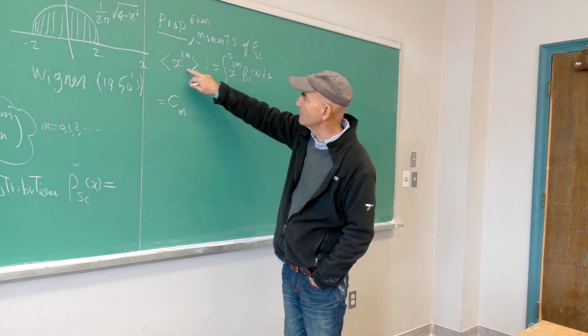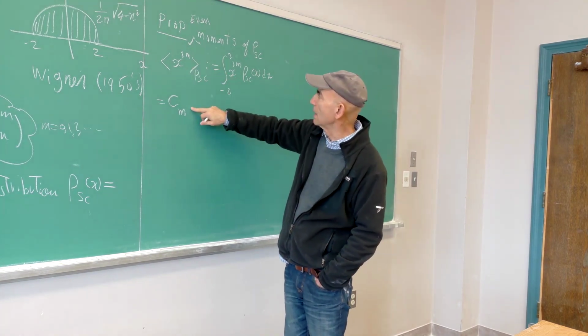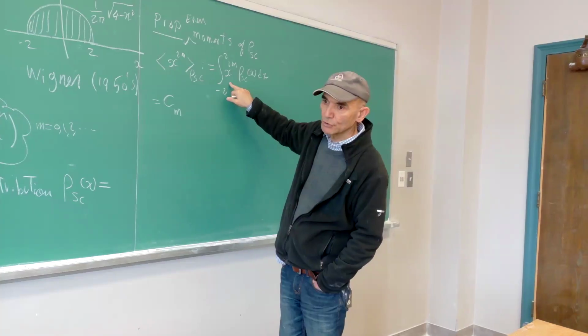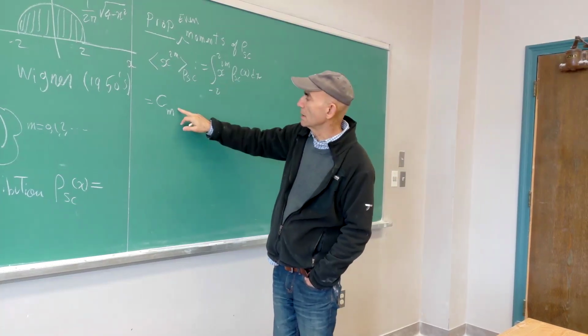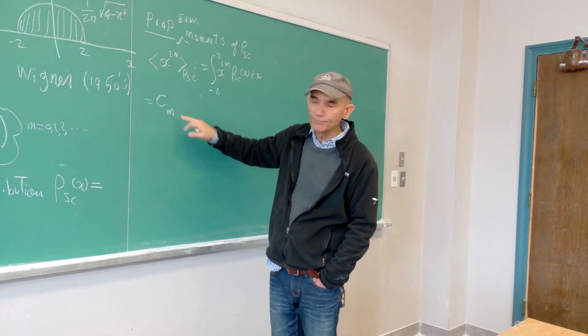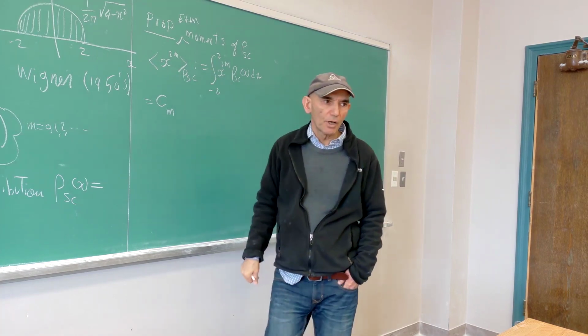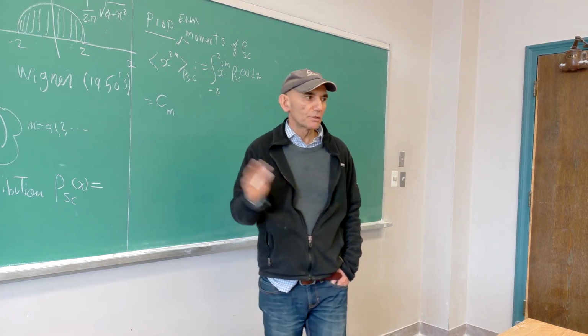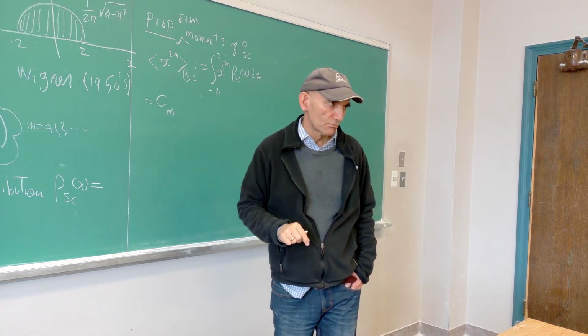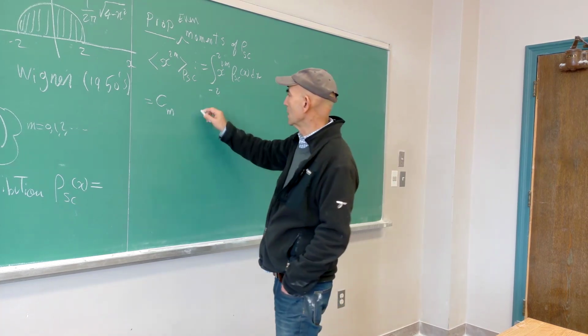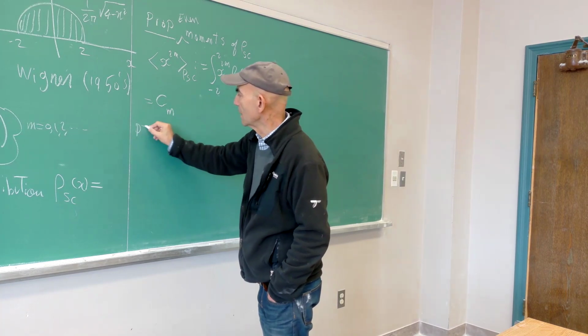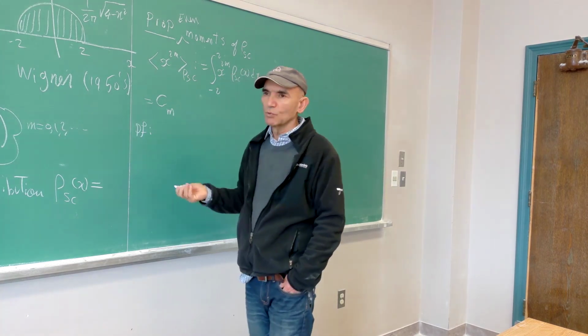So the even moments of the Wigner distribution are the Catalan numbers C_m. Now this is a calculus problem. I won't do it, but you can do it using some trigonometric substitutions. I believe there are several proofs.